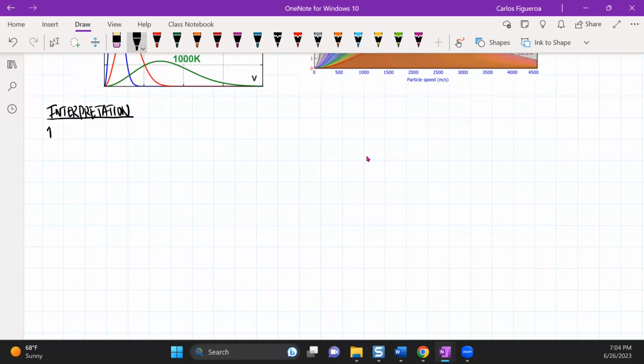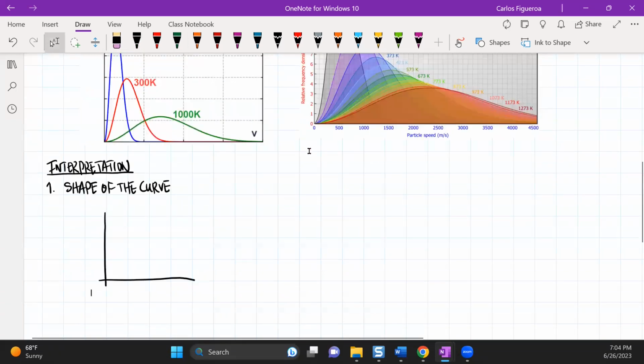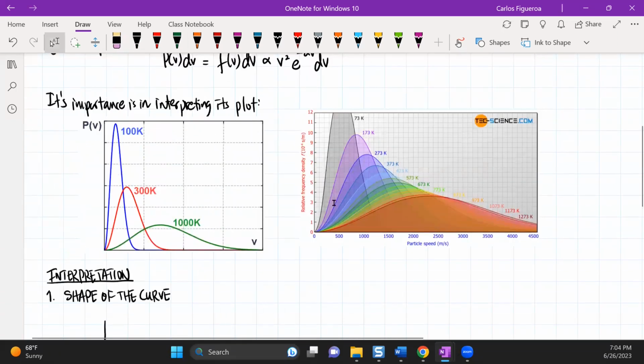The first thing that you should pay attention to is the shape of the curve. So what's special about the shape of the curve? Of course, I am not going to draw them as nice as this.